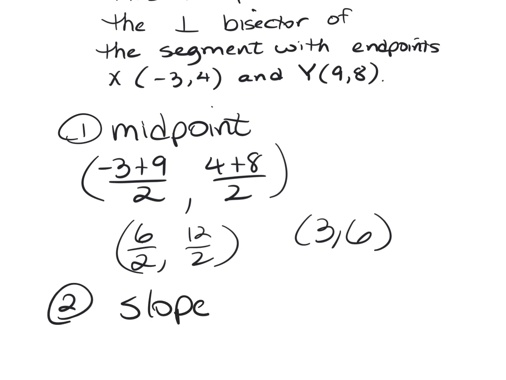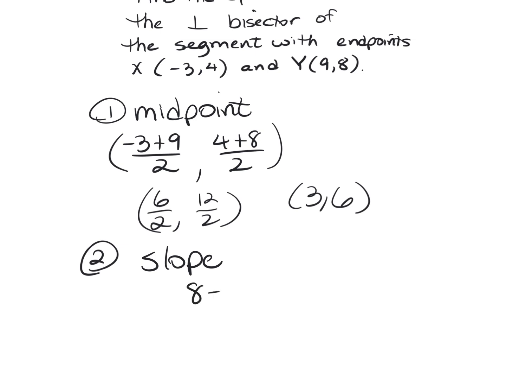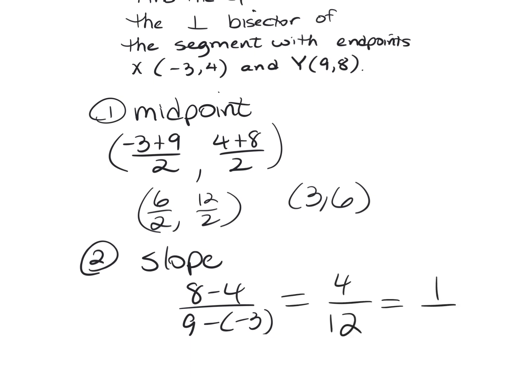Step number 2 will be to calculate the slope of the original 2 ordered pairs. And remember your slope formula, y2 minus y1 over x2 minus x1. 4 over 12 simplifies to 1/3. Remember, perpendicular lines have opposite reciprocal slopes.